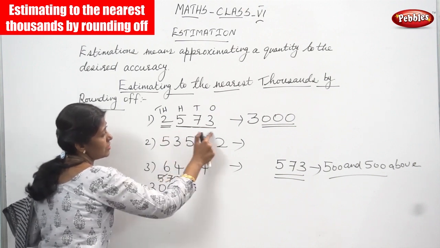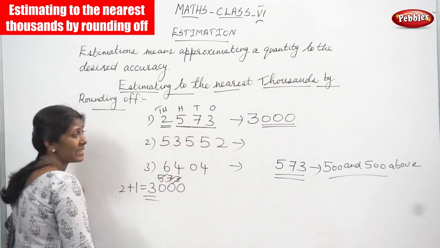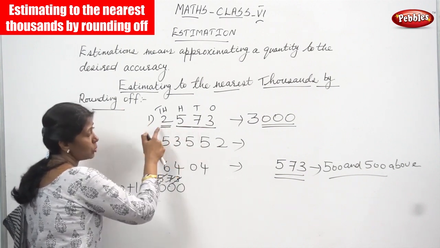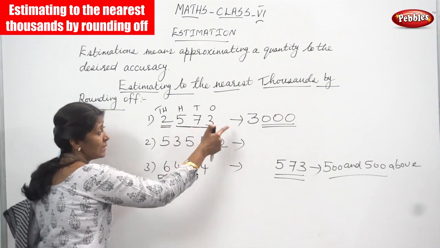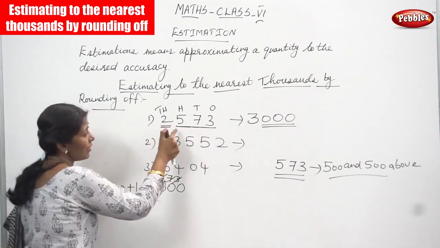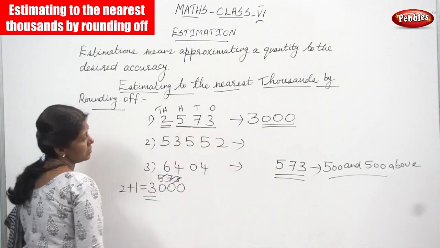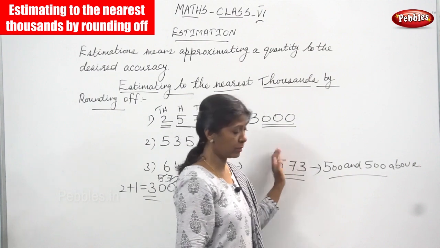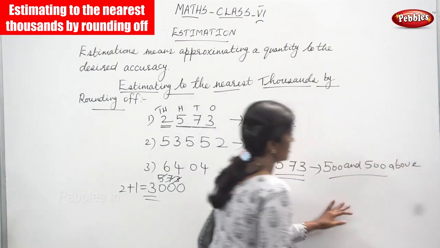After that the last 3 digits become 0. So the answer is 3000. So 2573, rounded off to the nearest 1000, is 3000. I think you understand the first sum.